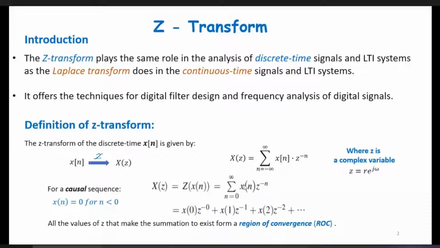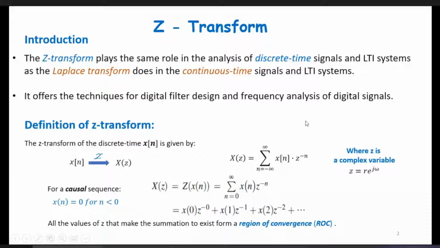It offers techniques for digital filter design and frequency analysis of digital signals, or discrete signals. The discrete signal is converted into a digital signal and then processed, so it is called digital signal processing.